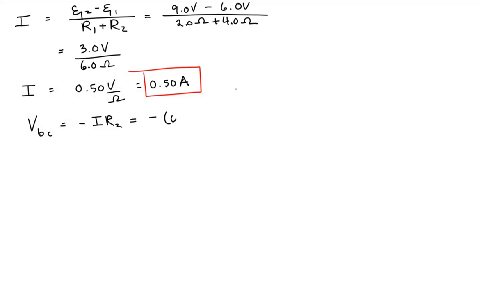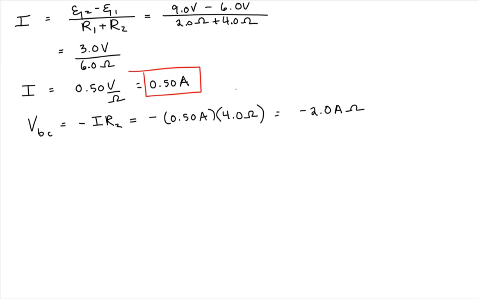So this would be 0.50 amps times the value of resistance for resistor 2, which is 4.0 ohms. And this ends up being equal to minus 2.0 amp ohms.